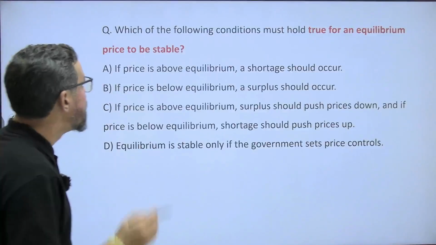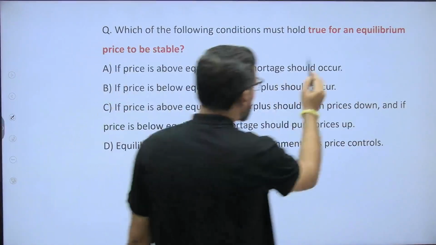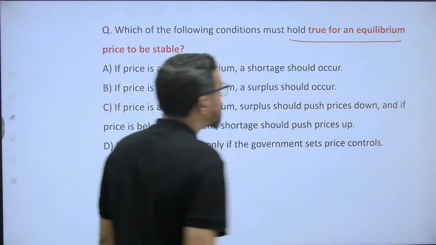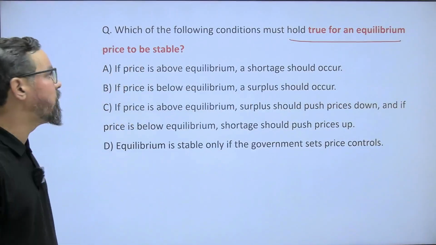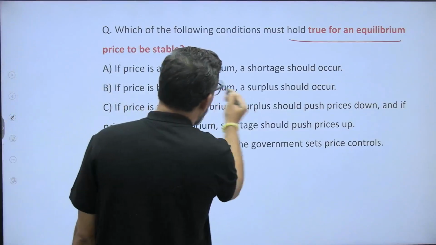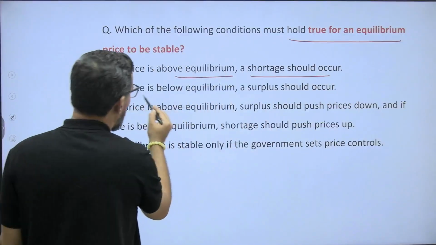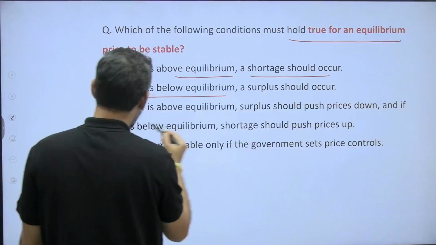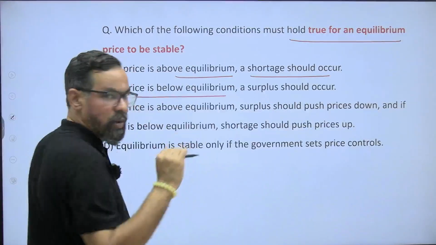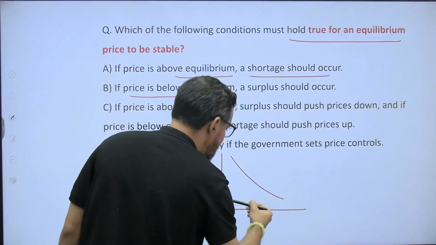Next one. These are all half-mark questions. Which of the following conditions must hold true for an equilibrium price to be stable? If price is above equilibrium, a surplus will be there. If below, there will be a shortage. I hope you remember the equilibrium curve was like this. This is your demand curve, this is your supply curve.